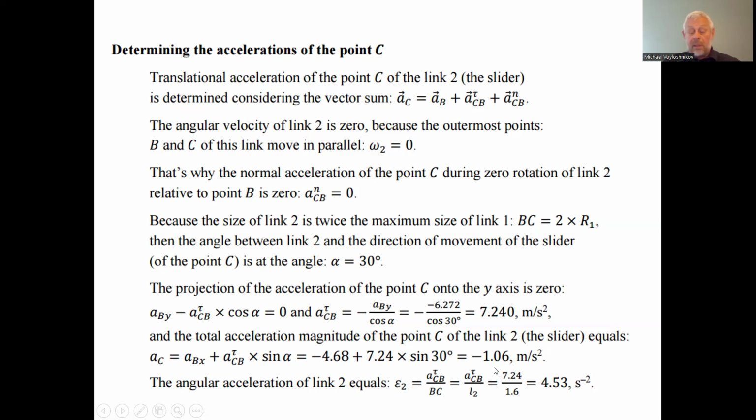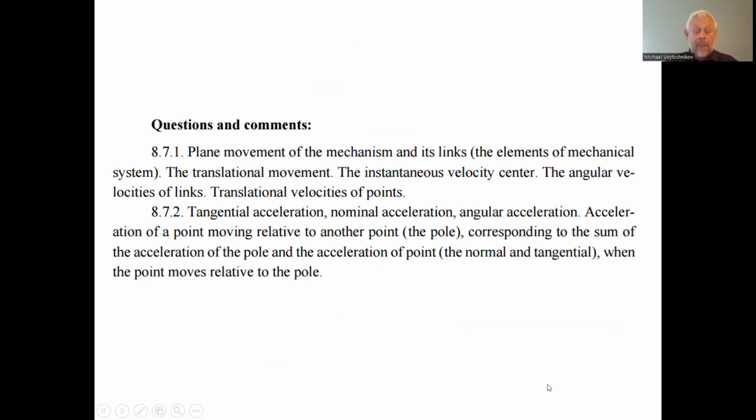And we have this as minus 1.06 meters per square second. The angular acceleration of link 2 is thus equal to the tangential acceleration of point C, 7.24, divided by BC, the size of the connecting rod, and equals 4.53.